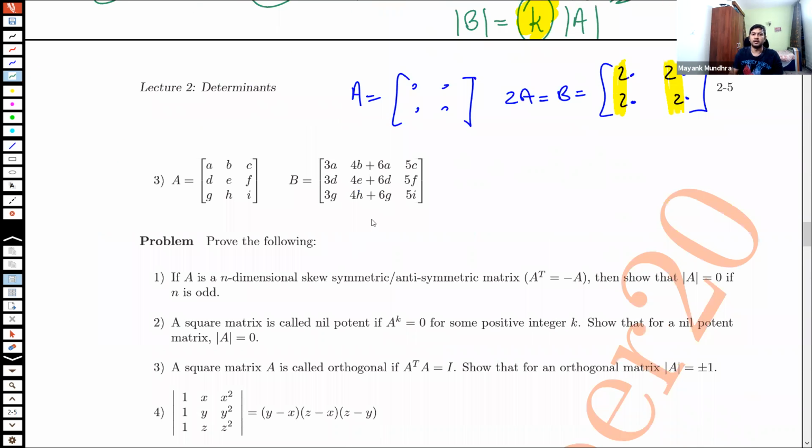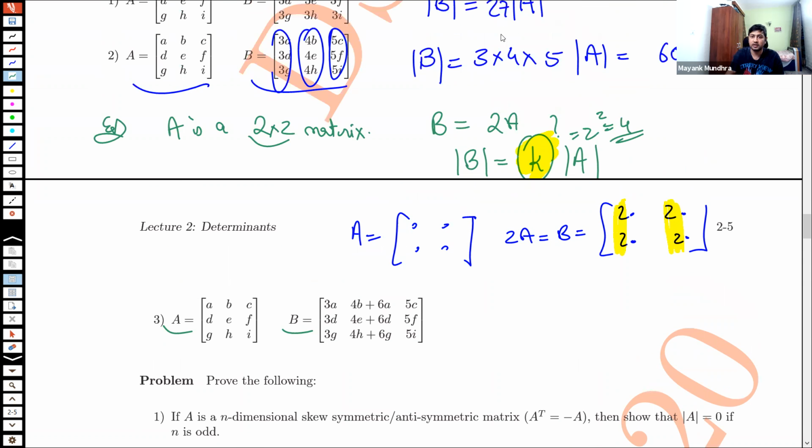All right. Here, A and B, what's going to be the relationship? Vinay, why don't you answer this one? Something of this format.